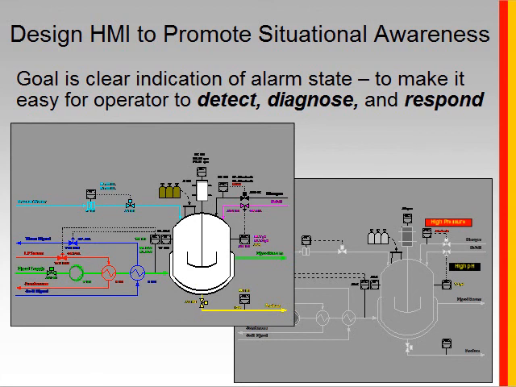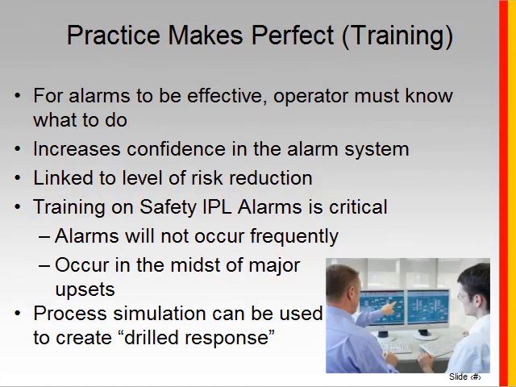It's not used for any other purpose within the HMI. You also can't rely on color alone, because there are colorblind operators in the control room. So you see on the right that we've got multiple methods of annunciation, getting that information through to the operator with colors, blinking, and patterns.